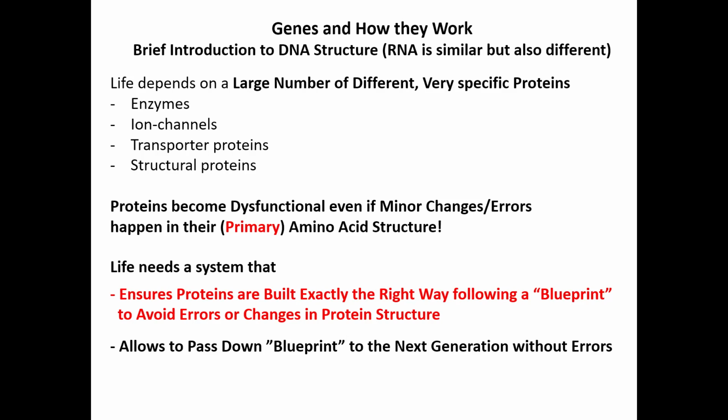Well, the DNA stores important information for living organisms, and as we all know already, from this class, life and function of cells depends critically on a large number of very different and very specific proteins.